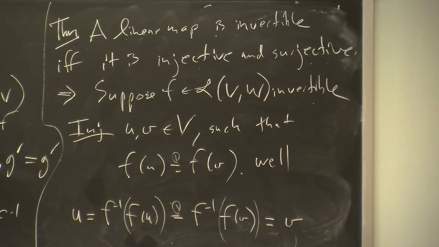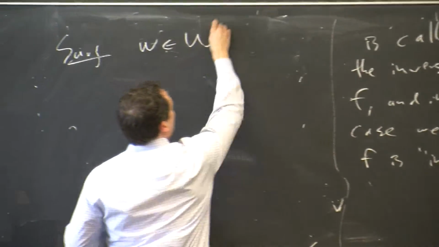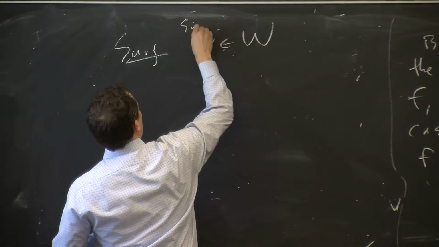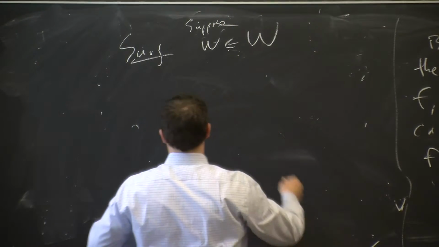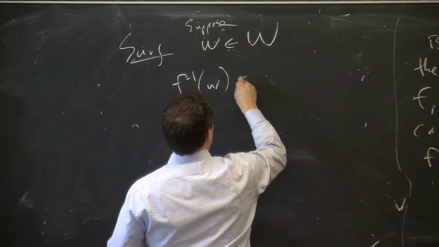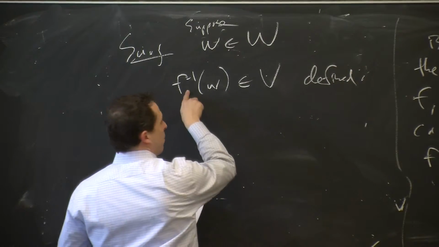For surjective, we need to show that for any element in the codomain of F, suppose W is in the codomain, we need to find something in its preimage. Well, F inverse of W is the obvious candidate. This is defined because F inverse is a function.